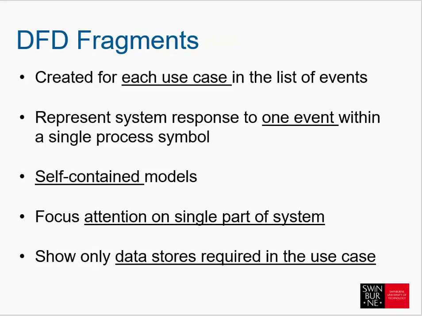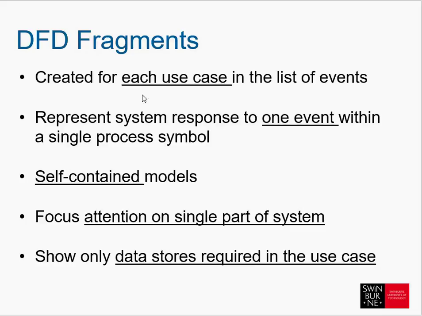Therefore the data flow fragment is the smallest component in our data flow diagram. That is the smallest data flow diagram that we can draw in our system. If in your event table you have 6 events, you can develop 6 fragments for your project.